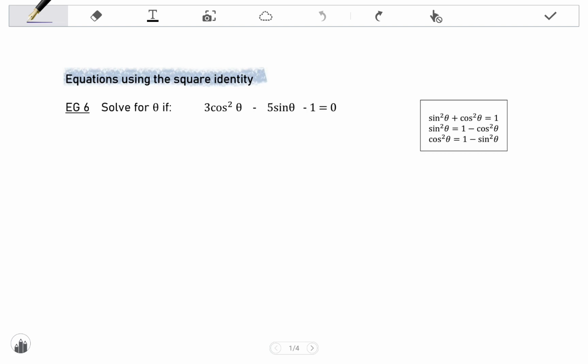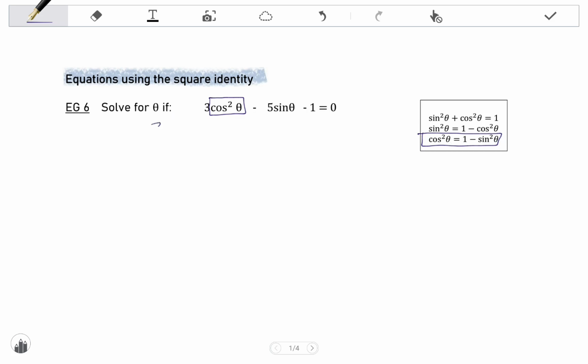Now, the reason why you would want to use the square identity is to change one of the trig functions into the other, so that you ideally end up with a trig equation that has only one trig function. Looking at this, I have (cos theta)². So I would like to replace the (cos theta)² with the cos²theta equals 1 minus sin²theta version of the square identity.